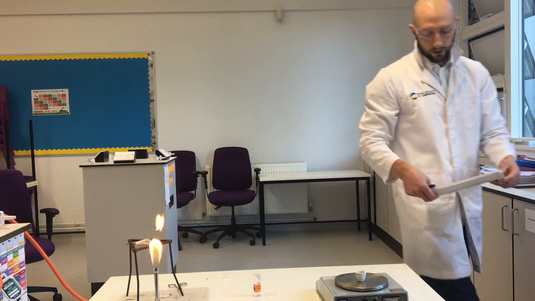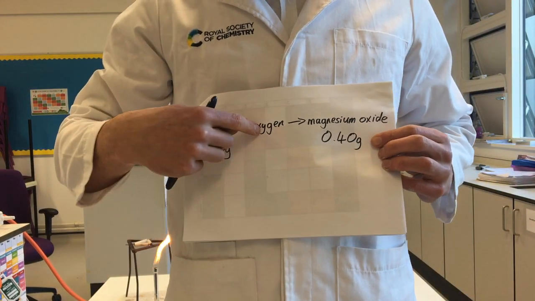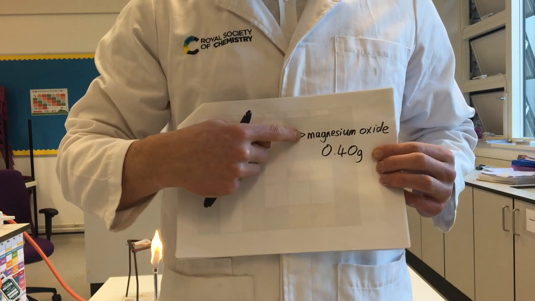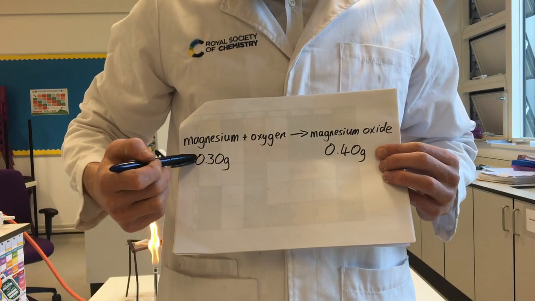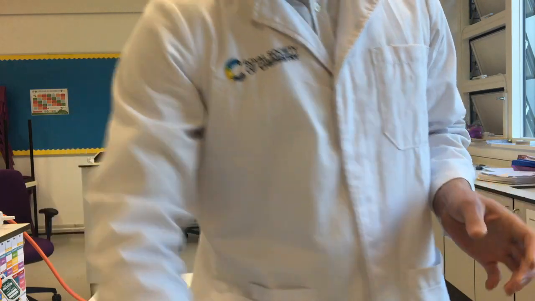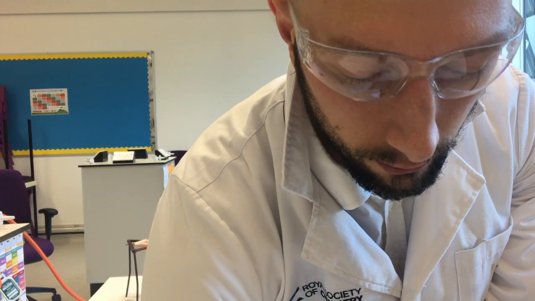Here we go, I'll show you my equation. Magnesium plus oxygen, those are the reactants. There's my arrow to show the chemical reaction makes the product magnesium oxide. I had 0.3 grams of magnesium. I've got 0.4 grams of magnesium oxide, which means I must have 0.1 grams of oxygen.